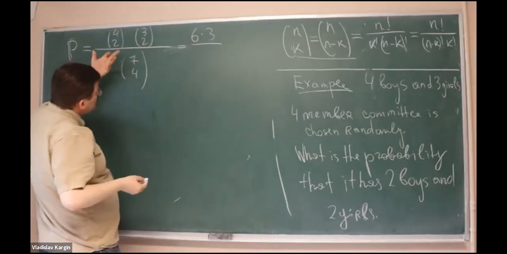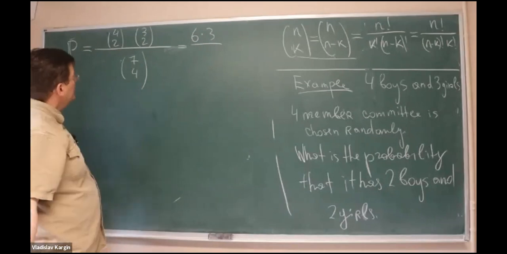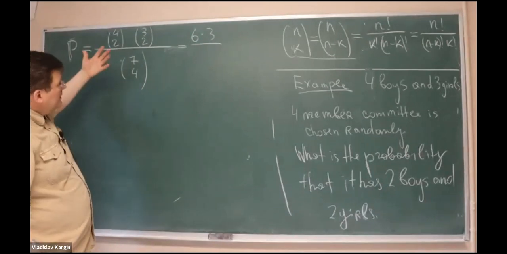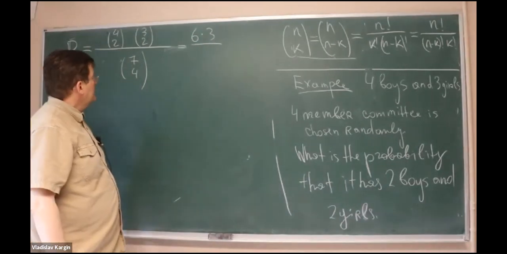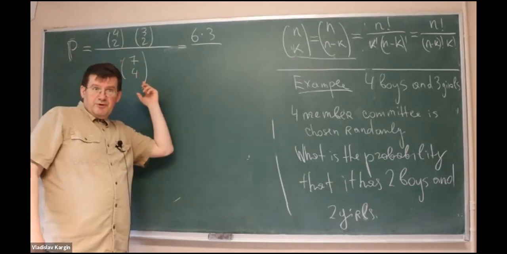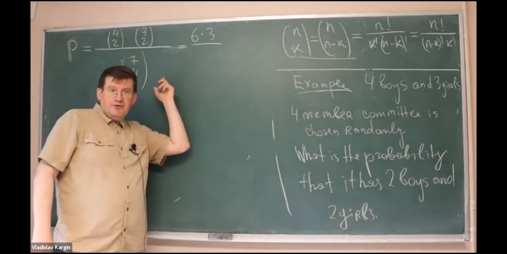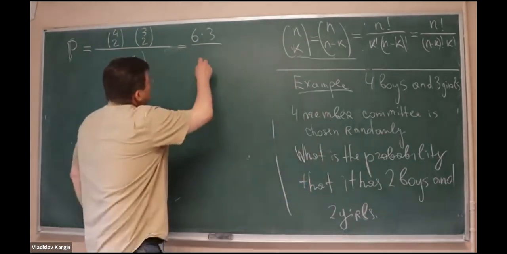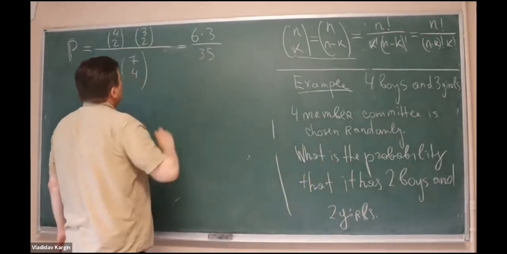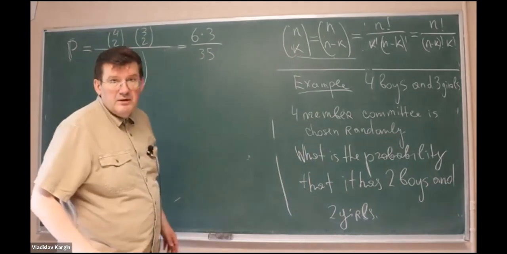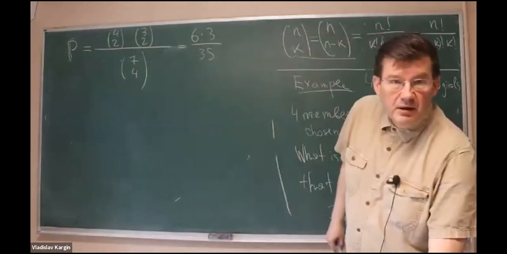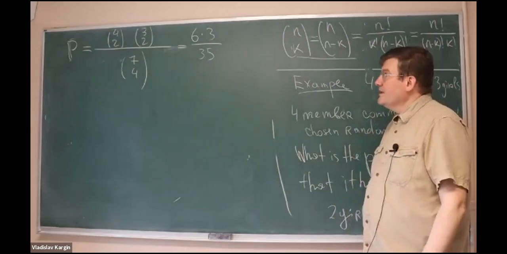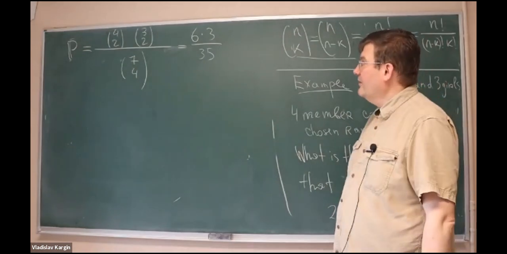And here, okay, this is a little bit more difficult, so you will need to calculate it, right? Probably the easiest would be to say that this is equal to 3 out of 7, and calculate it. If you calculate it, you'll find that this is equal to 35, if I'm not mistaken. 7 times 6 times 5.